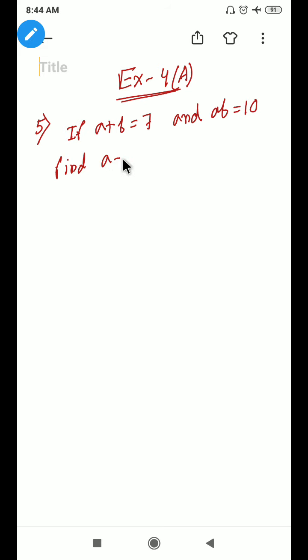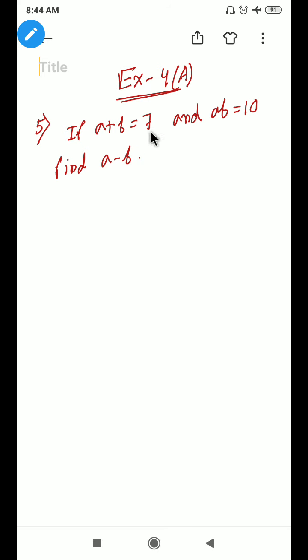Go to question number 5. Here it is given that if a plus b is equal to 7 and ab is equal to 10, then find a minus b.